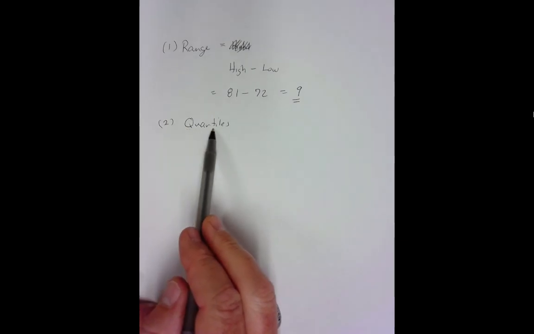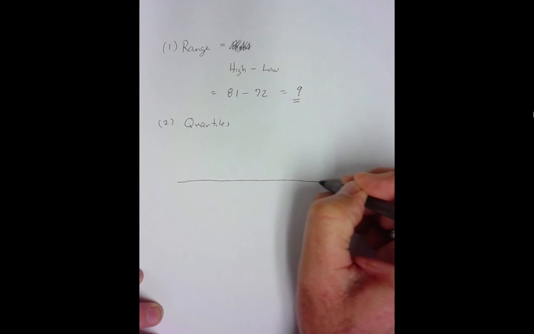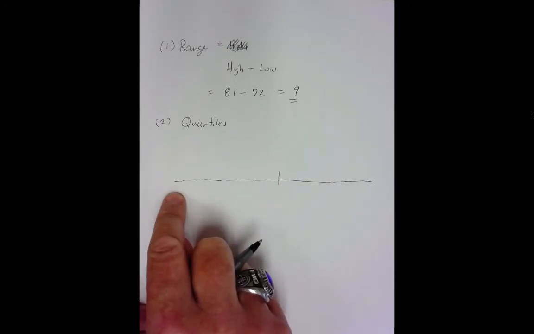So in statistics, at least a beginning way to think about it is, imagine you've got a string. And again, quartiles, four. So you want to cut this string into 4 equal pieces. What would you do? How many cuts would you need to make? Well, I would make a cut smack dab in the center. So I would have 2 equal pieces of string.